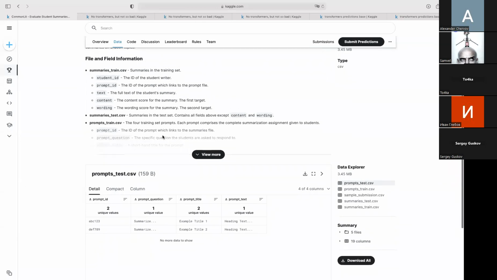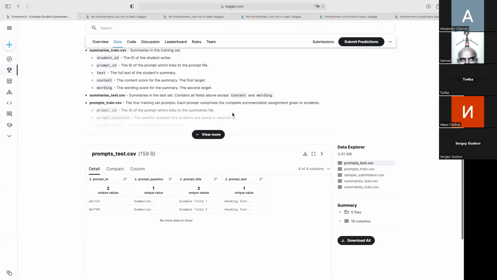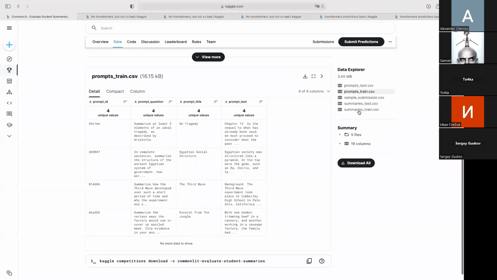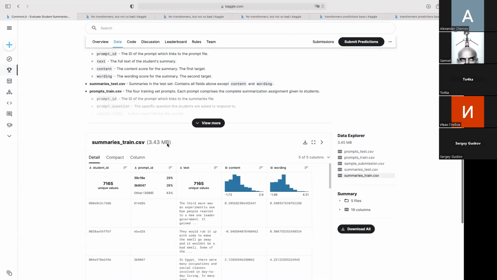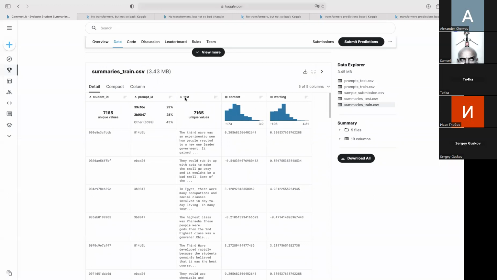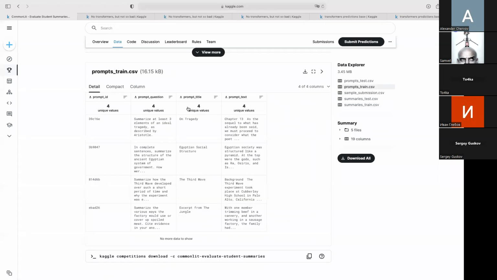But except the text column, which we have to classify and predict, which is exactly the summaries, the essays, we have other text columns: prompt question, prompt title and prompt text.